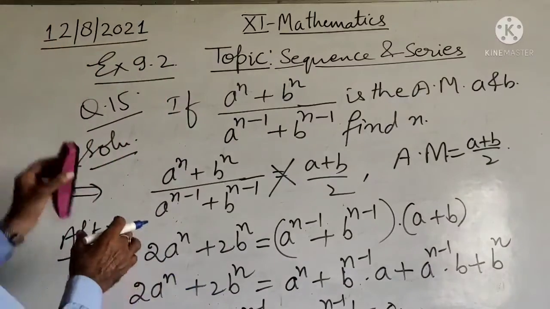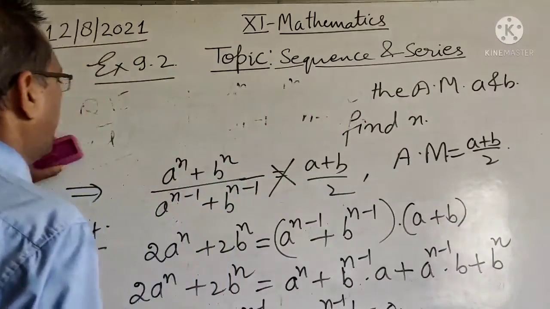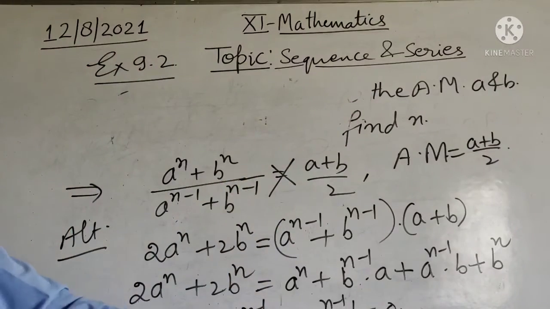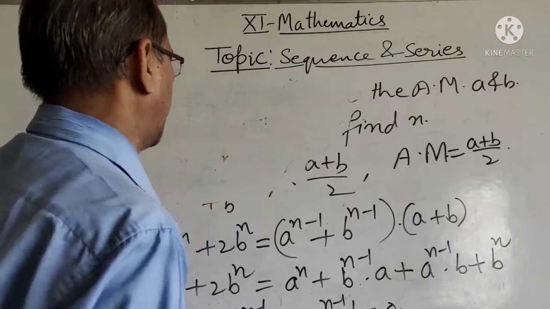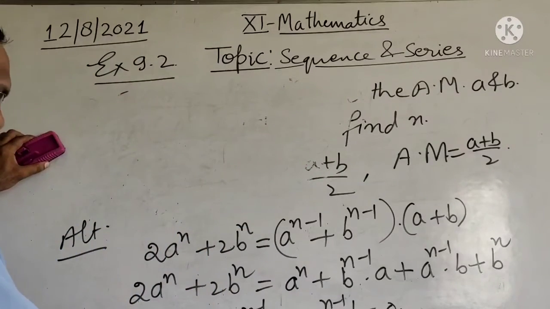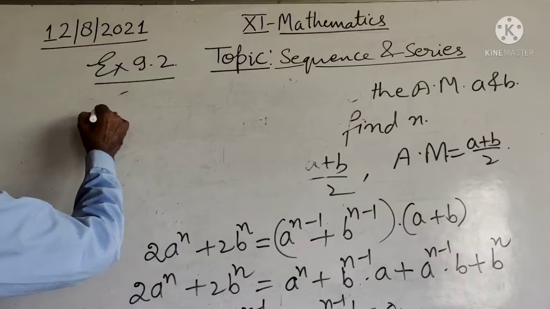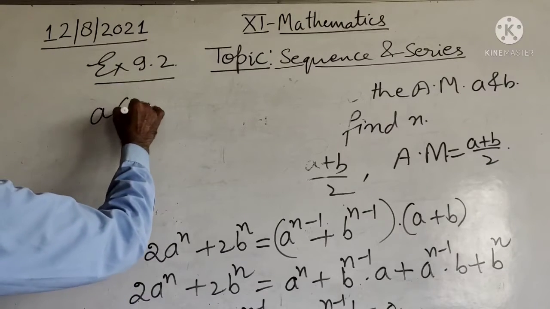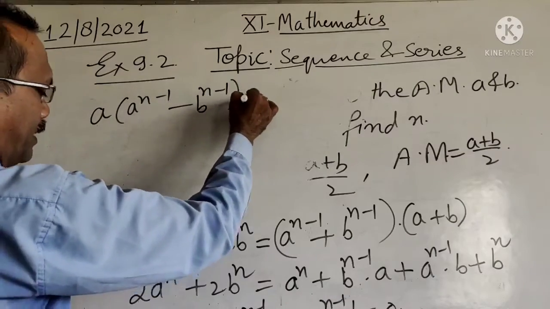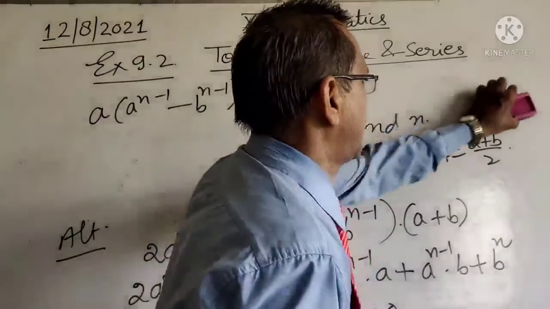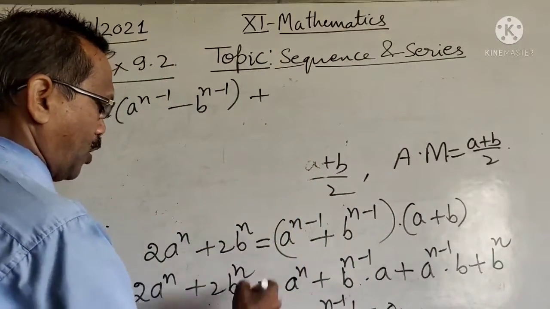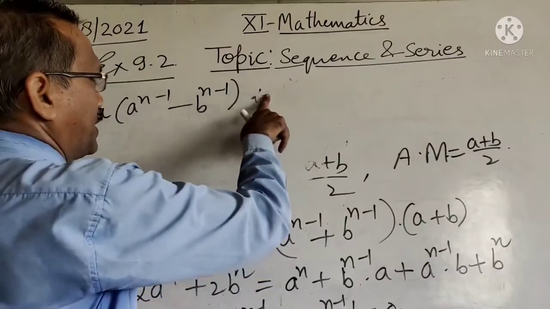Now, simplifying this equation and just factorizing it. From this and this, a is common. So a power n minus 1 minus b power n minus 1, plus, now take minus b common.